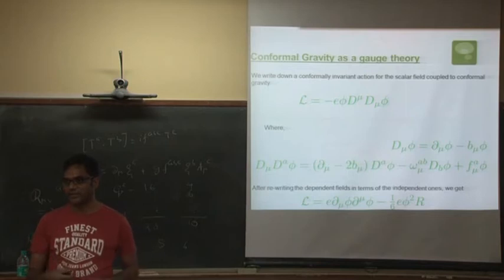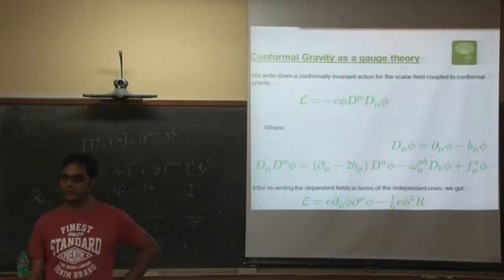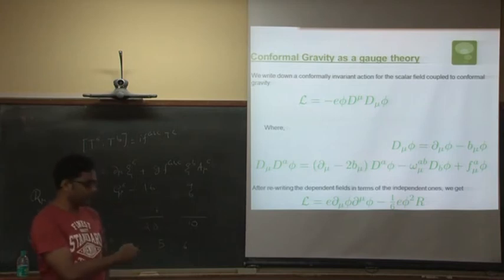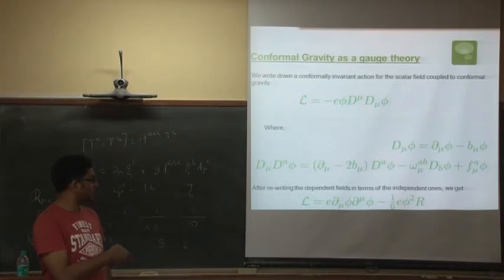And what about the Ricci scalar? Is that gauge invariant, the Ricci scalar defined from this? No, I don't think so. But it is gauge invariant once you impose that. So the second term, phi square R, is not gauge invariant, and nor is the del mu phi, but this combination of these is.